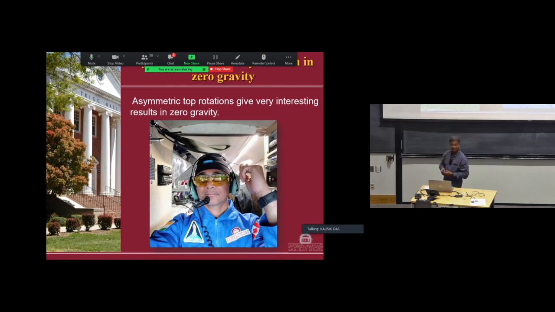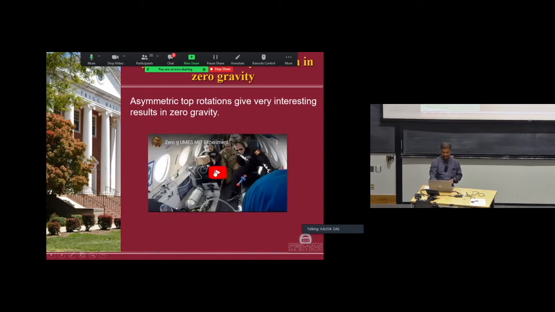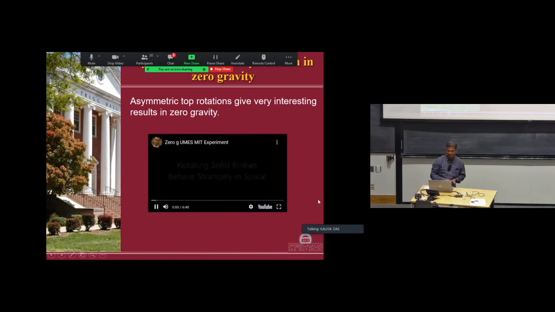And the referee said, on what ground are you commenting like that? We said, let us prove that. So we designed an experiment, a zero gravity experiment. We created a payload, and we flew in one of the zero gravity flights from NRC, Canada.